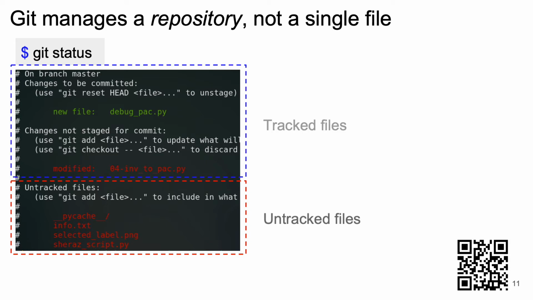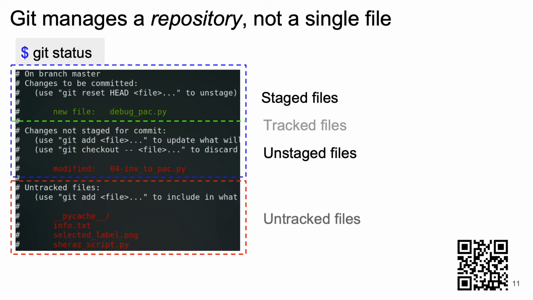Then within the tracked files, you also have the files which you staged, and the files which you do not stage. Let's say you have made some changes. You do not necessarily need to add all your changes to a particular commit. So you can stage certain changes, and these staged changes are the ones that you would commit.